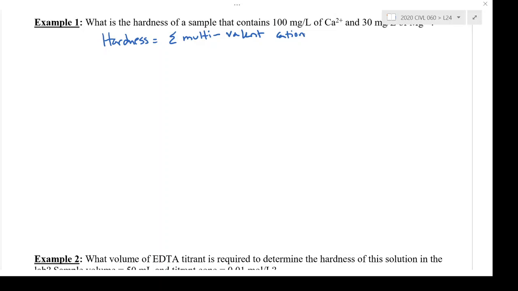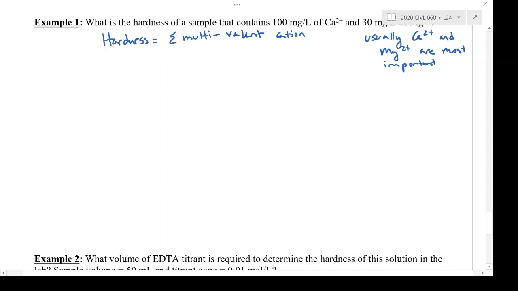And so this is our definition, but usually calcium ion and magnesium are most important. So often we ignore all the other multivalent cations and just focus on calcium and magnesium.